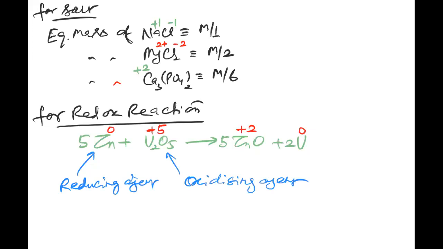So as far as the reducing agent is concerned, its equivalent mass should be its atomic mass divided by the number of electrons transferred. So as far as zinc is concerned, its atomic mass is 65 divided by the number of electrons transferred per atom. Zinc has 0 oxidation number, and in the case of zinc oxide it is found to be +2. So it is 65 divided by 2.